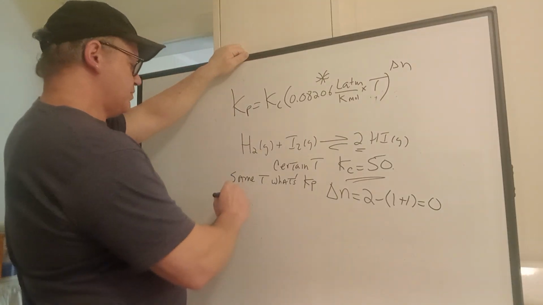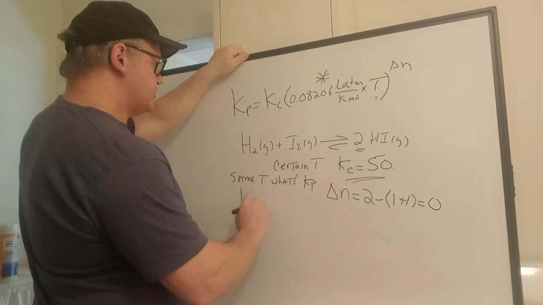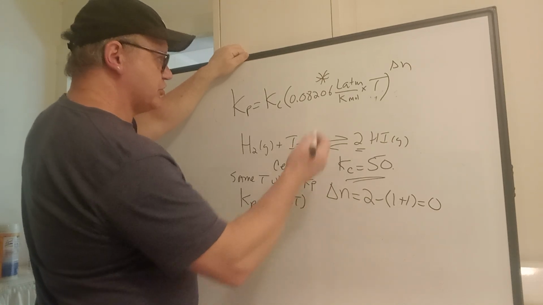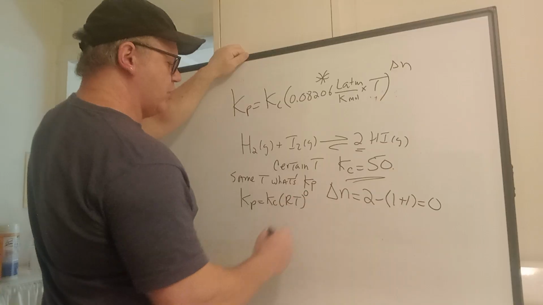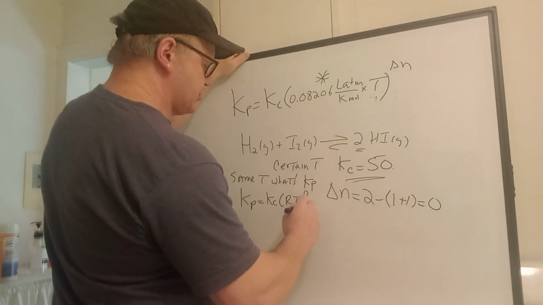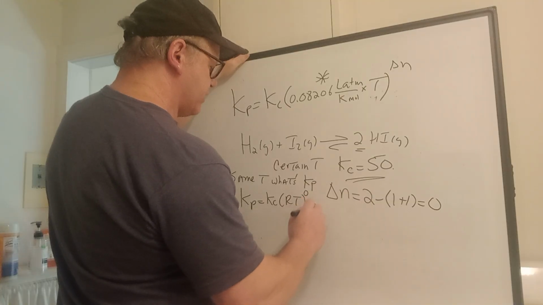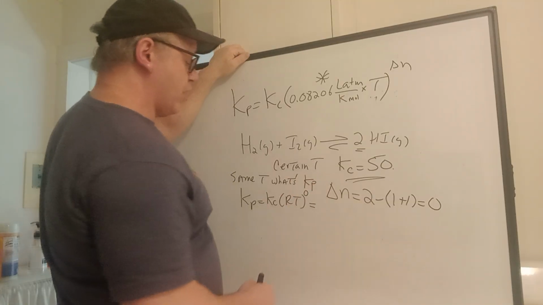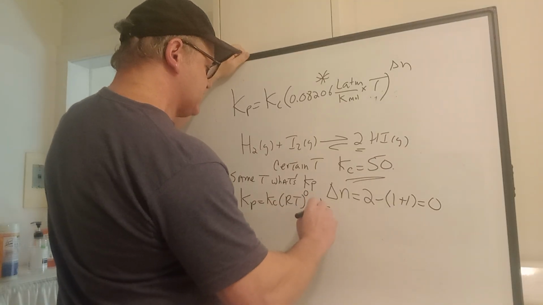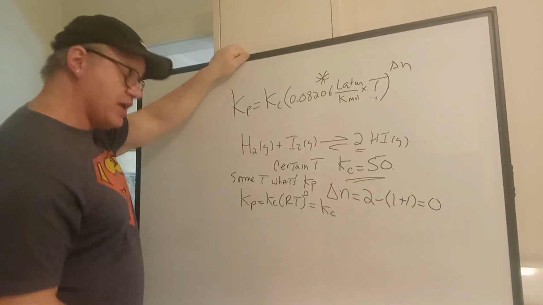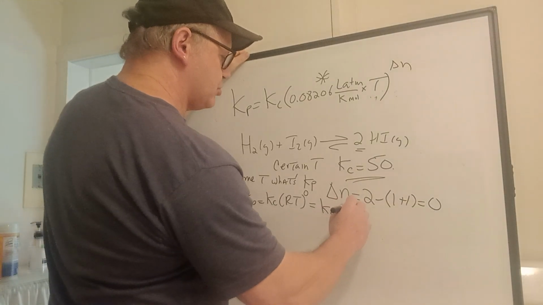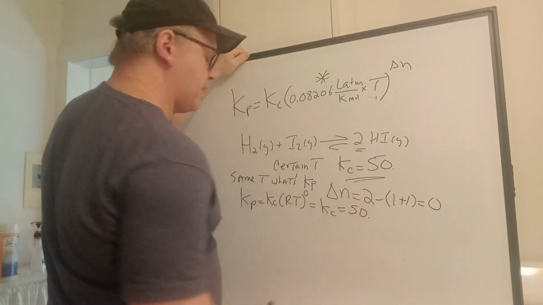So in that case, Kp is equal to Kc times RT. I'm just going to write it as RT to be succinct, and you'll see why. The exponent then is 0. Remember, any number except for 0 raised to the 0 is equal to 1. When you have 0 raised to the 0, we call that an undefined property in math. And so this is Kc times 1. I'm just going to write it as Kc.